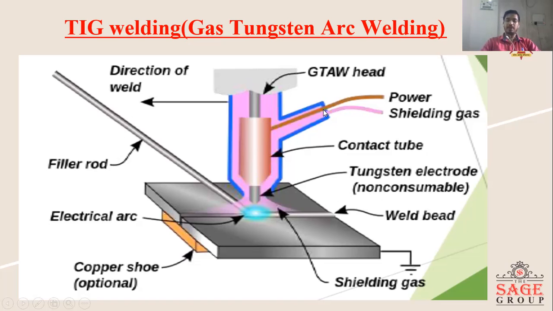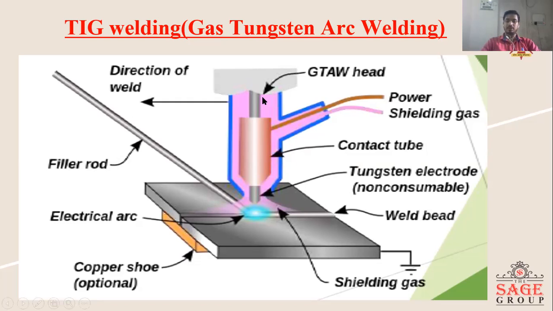Here the inert gas protects from oxidizing from the air contamination or atmospheric air. So inert gas just acts like a shielding gas to protect the metal from oxidizing. Right.